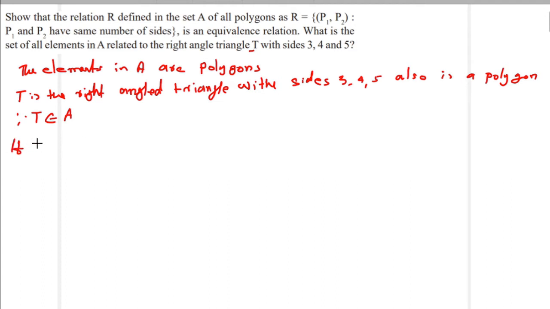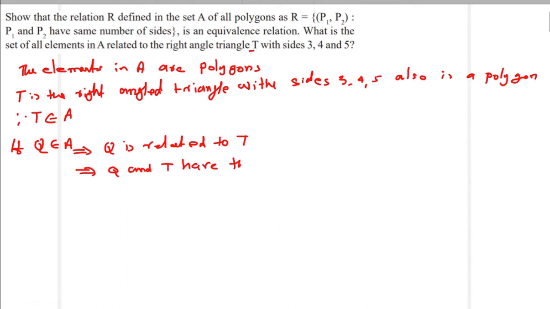Suppose we take Q belonging to A. This implies Q is related to T. What is our relation? The relation is having the same number of sides. That means Q and T have the same number of sides. Here listen, T is the triangle with sides 3, 4, 5.